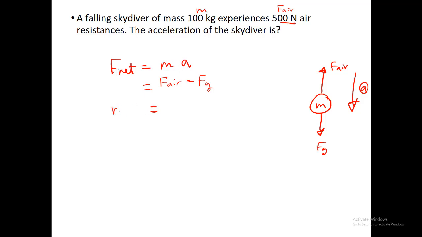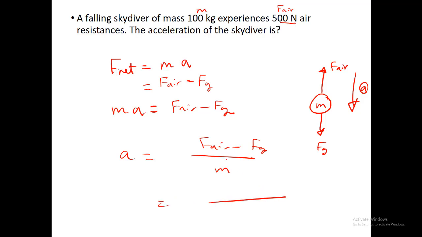Again, m times A equals F air minus Fg, and we are asking about the acceleration. The acceleration would be in this case F air minus Fg divided by the mass. We have all of these values. We have F air, which is 500, and we have Fg, which is 100 times 9.8, divided by 100. Of course, this value is bigger than this value, so the acceleration will be negative. It should be something around negative 4.8 meters per second squared.